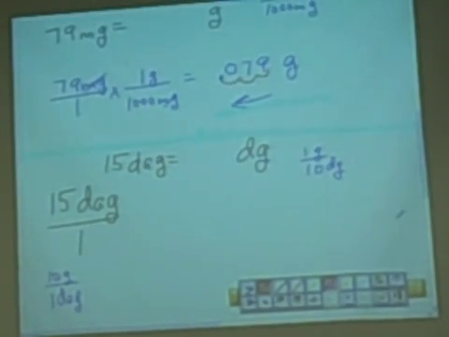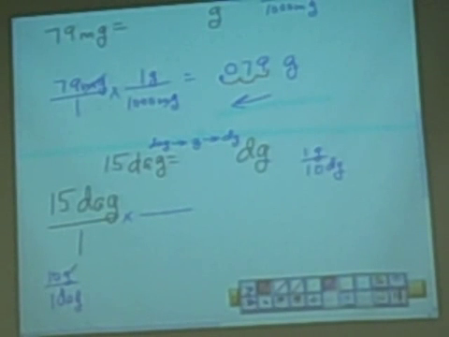Okay, so we don't have a conversion to go from decagrams to decigrams, right? So we have to go from decagrams to what? Grams. Grams, good. And from grams to decigrams, okay? So what's our first step here? We've got to go from decagrams to grams, right?